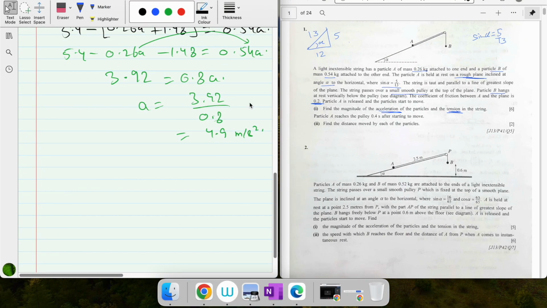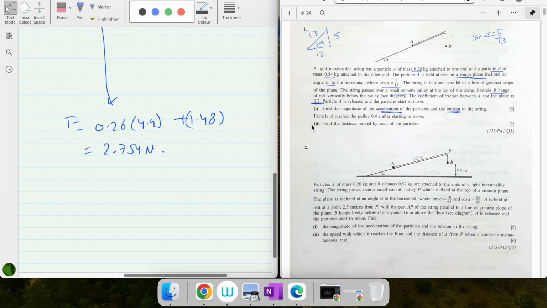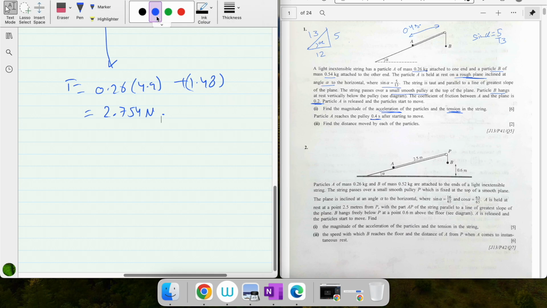Let's see what the second part says. Particle A reaches the pulley 0.4 seconds after starting to move. So all the way till here is 0.4 seconds. Find the distance moved by each of the particles. So I need to find the distance. Time is given. Initial velocity, they were at rest.